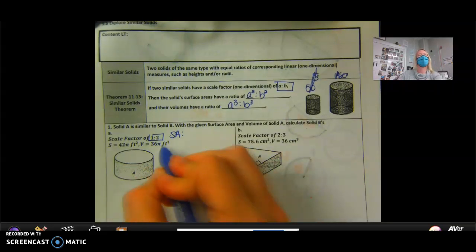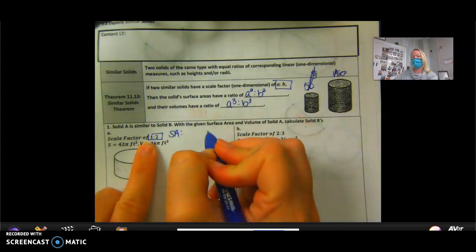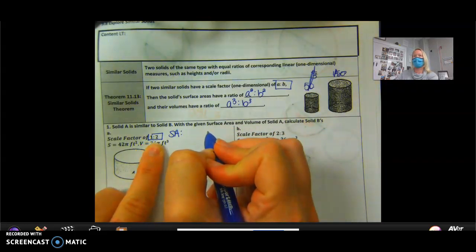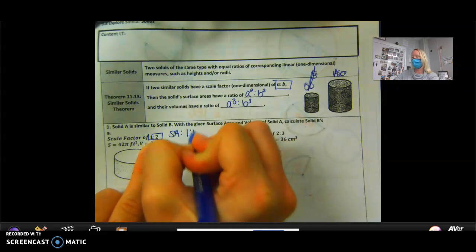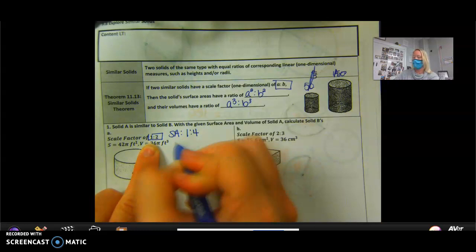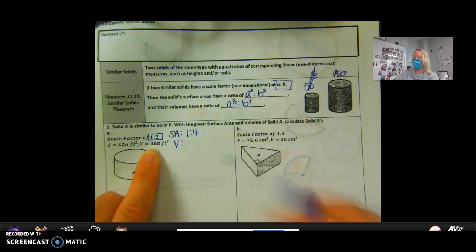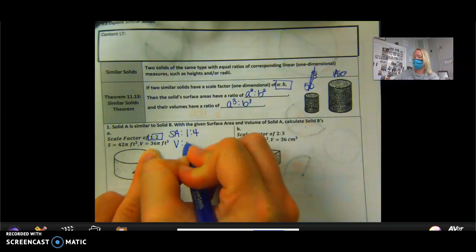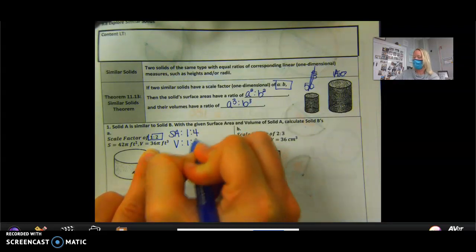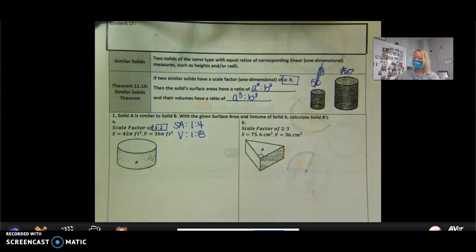A squared to B squared, so square both of them. What do we get, guys? 1 to 4. 1 squared to 2 squared would be 1 to 4. Does that make sense? And what would their volumes ratio then be? 2 times 2 times 2. Yep. 1 to 8.